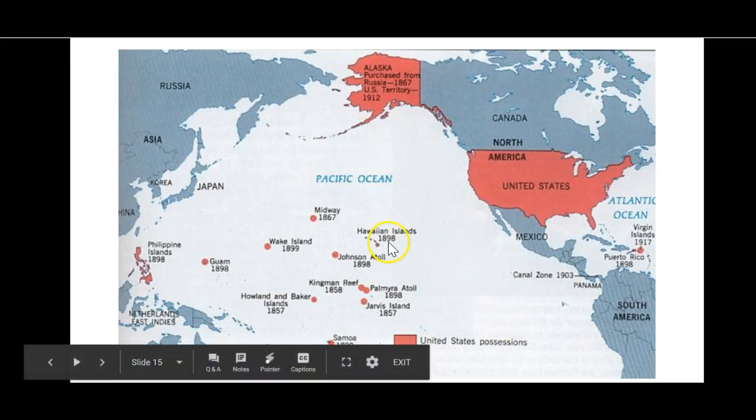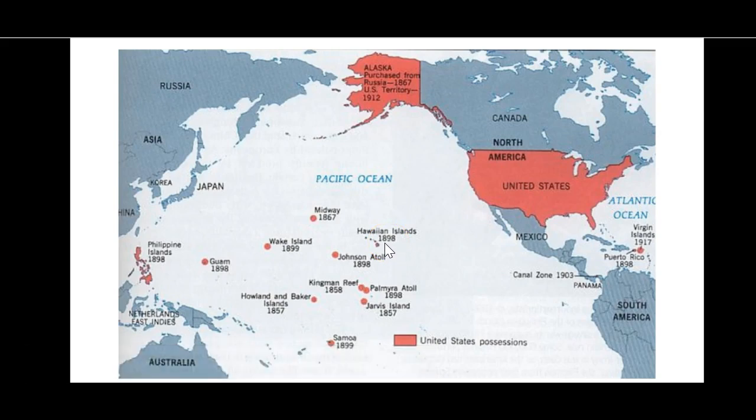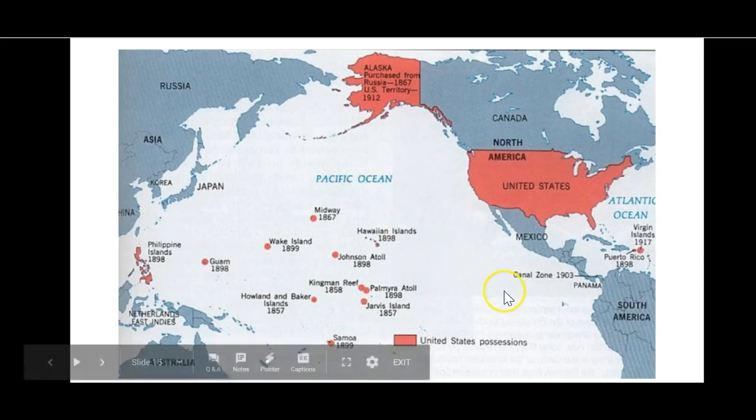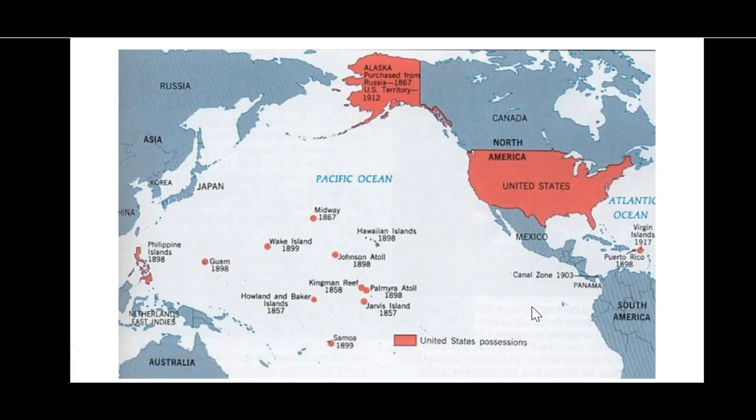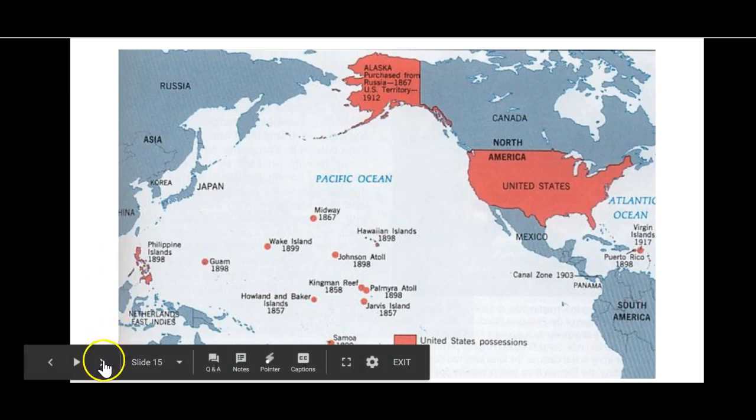So the Hawaiian Islands in 1898, that's when the Hawaiian Islands became officially US territory. And that happened through the Spanish-American War. But that's a different lesson for a different day.